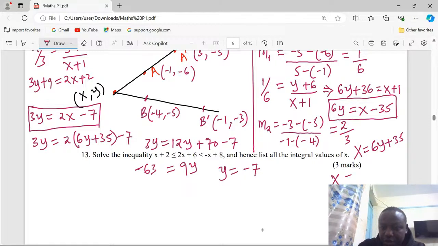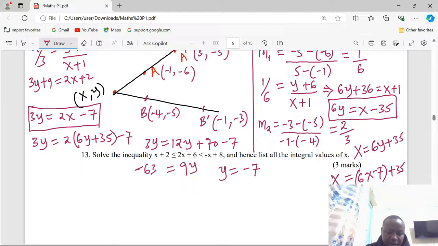So x equals 6 multiplied by -7. Then we add 35. This also becomes -7.